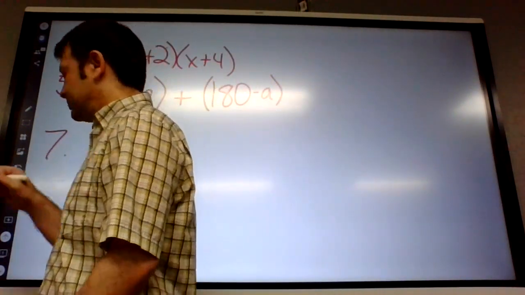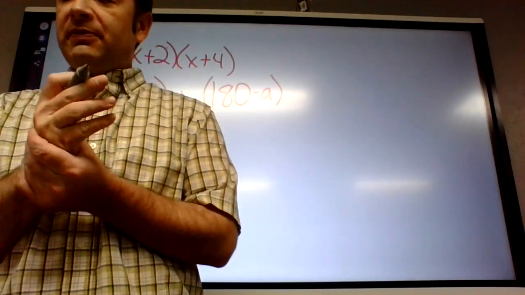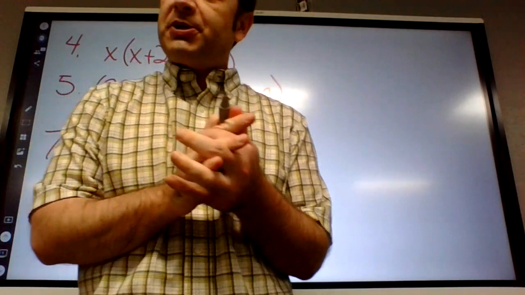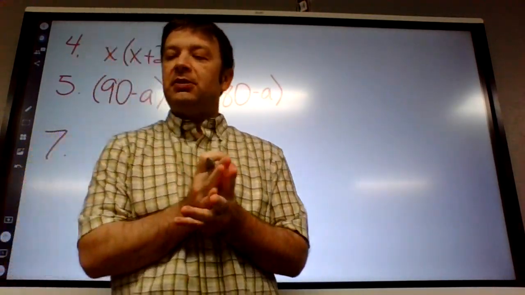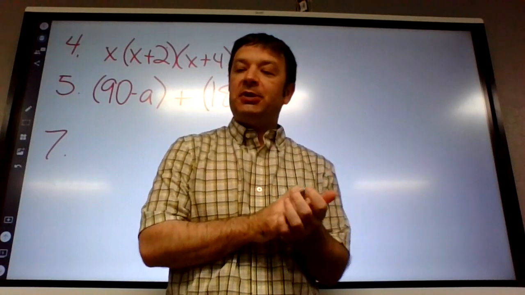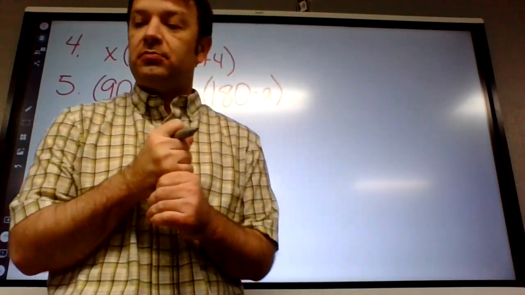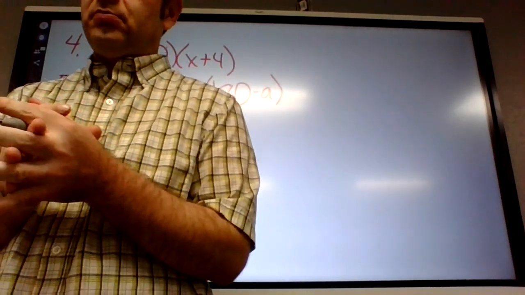Number 7. Okay, 7 says evaluate each expression for each member of the domain, -4, 2, 3, 8. Avery, what do you think that means? So you just plug in each of these numbers for the variable?